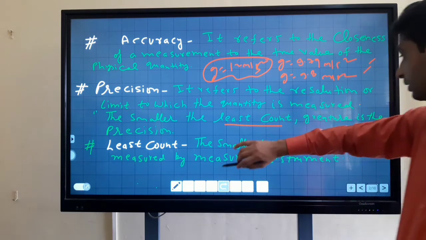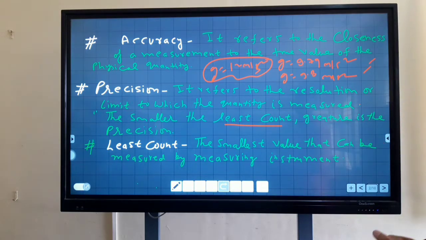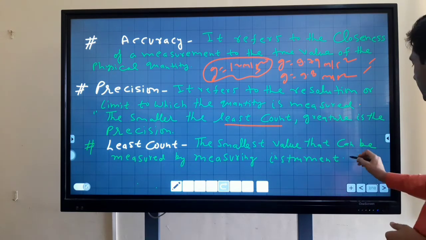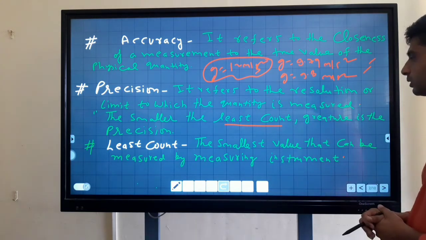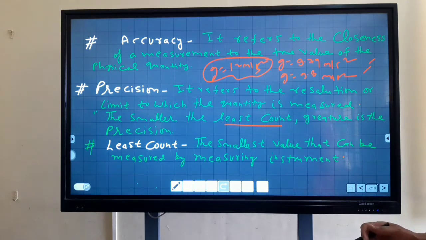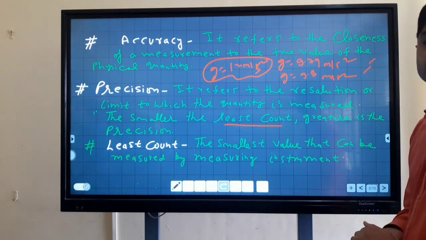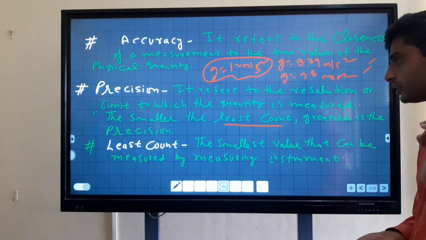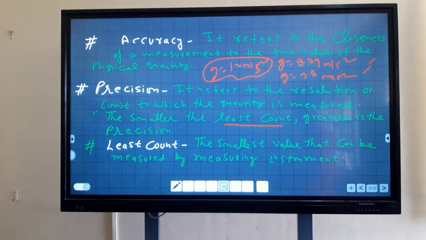The smallest value that can be measured by a measuring instrument is known as least count. It means the smallest value we can measure by an instrument is known as the least count of this instrument.